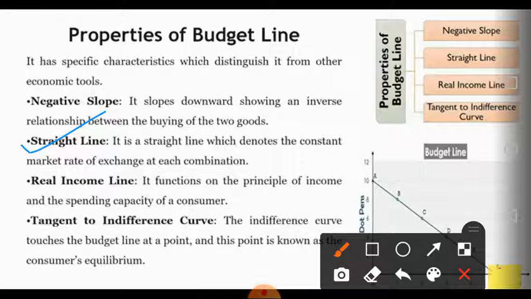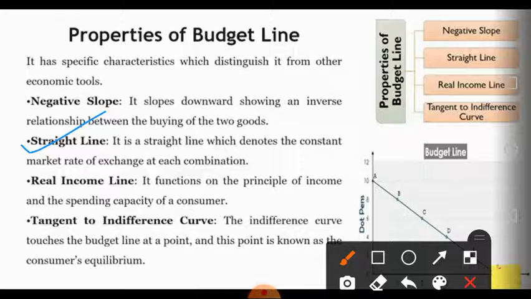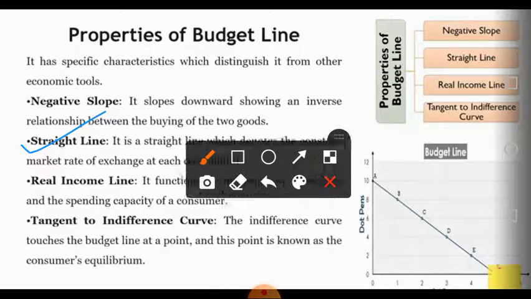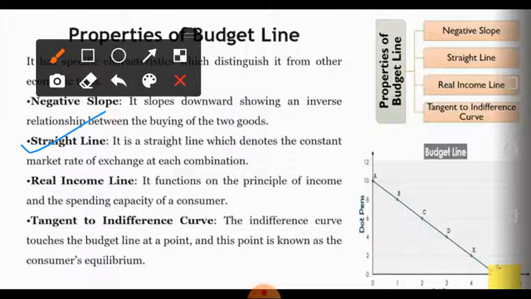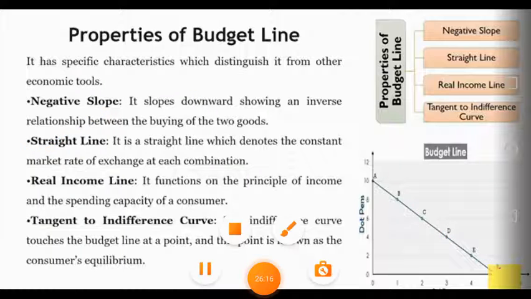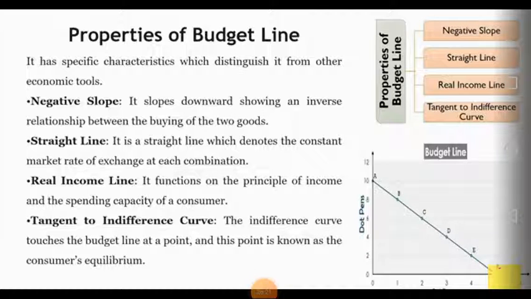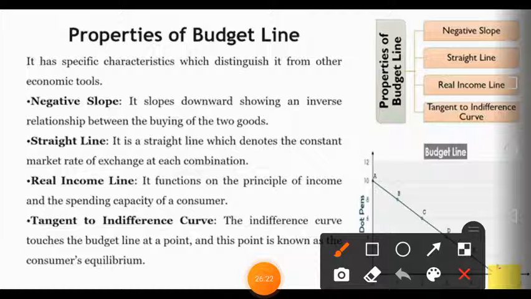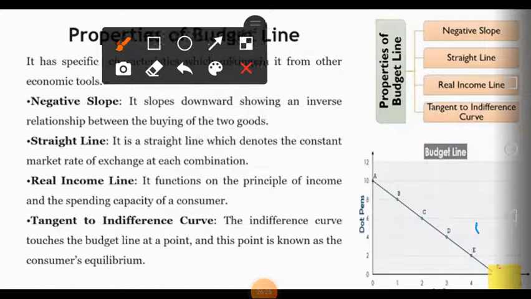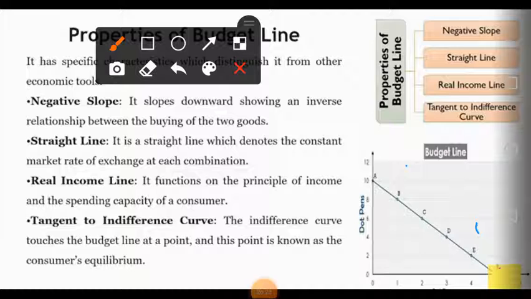And tangent to indifference curve: the indifference curve touches the budget line at a point, and this point is called the consumer equilibrium. So I am going to show you the consumer equilibrium over here. I am making an indifference curve, and that indifference curve will show you the consumer's equilibrium. This is your IC.